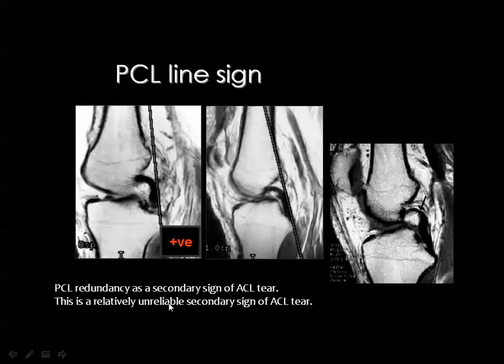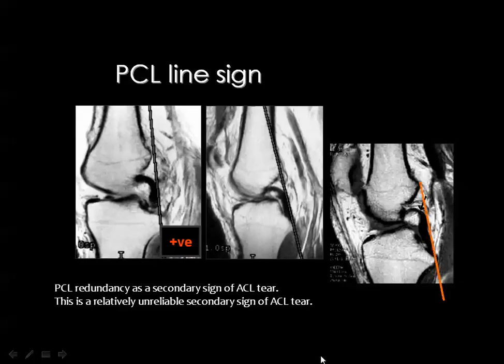Then if you draw a line tangential to the vertical course of the posterior cruciate ligament, it will not touch the femur. And if this occurs, this may be considered a positive sign for ACL rupture.